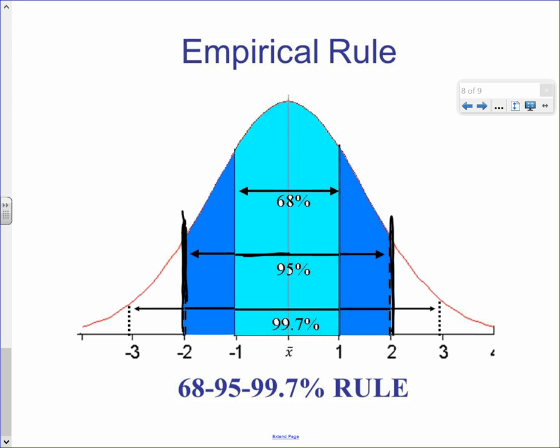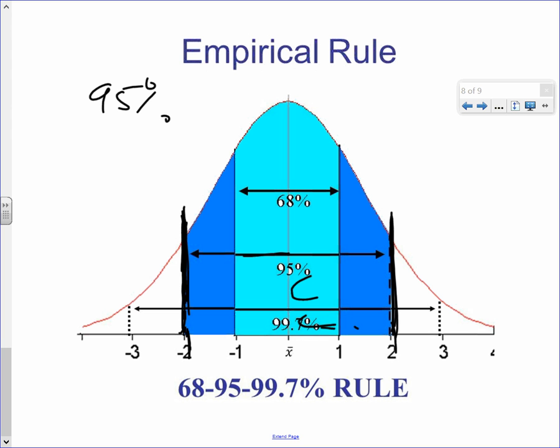What percent of the data is that? Two above, two below. What percent of the data is from here to here? 95. So watch this. 95% of the data is in between the second above and second below.